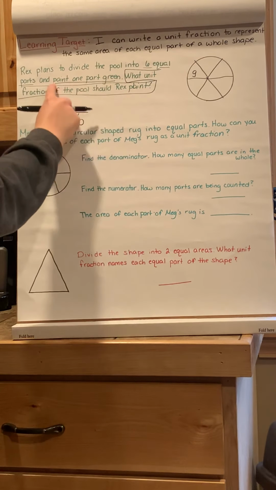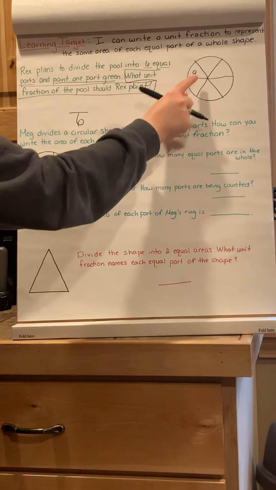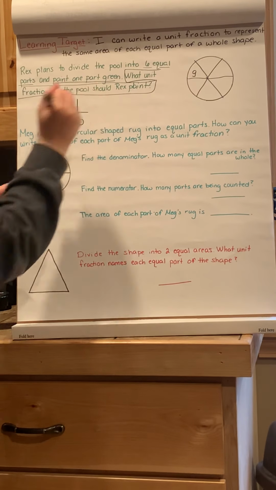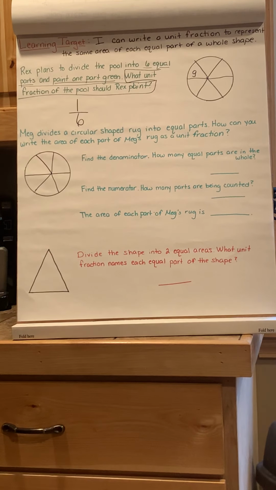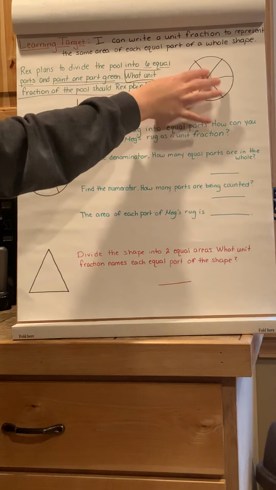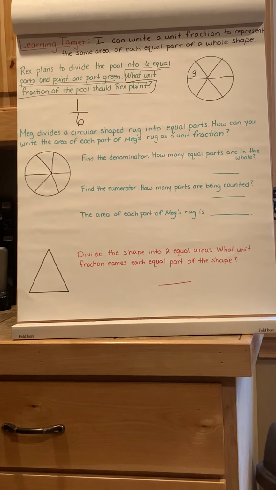Because how many parts did he paint green? 1 part. We have 1 part painted green. So what unit fraction of the pool should Rex paint? 1/6. 1 part out of these 6 equal pieces are going to be green.